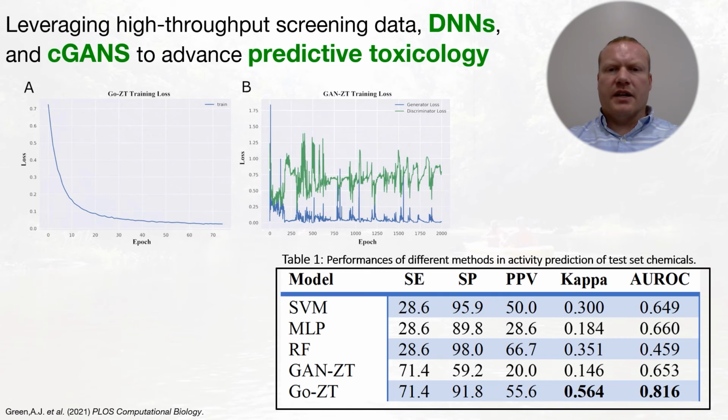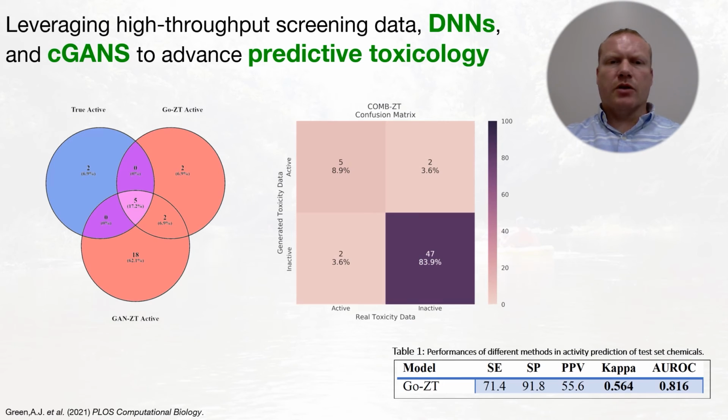We next investigated whether an ensemble approach combining 2 of the models in Table 1 resulted in an improved performance. Model combinations between GoZT and GAN-ZT, SVM, MLP, or random forest were assessed for improvement, with particular focus on positive predicted value, Kappa, and AUROC.